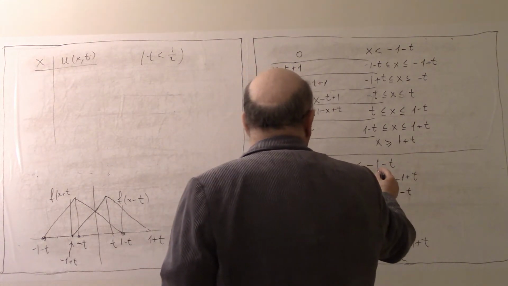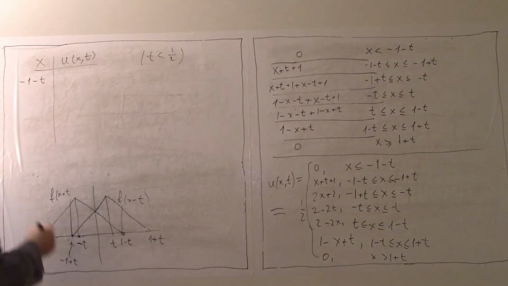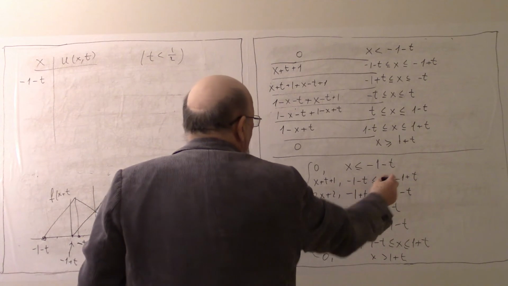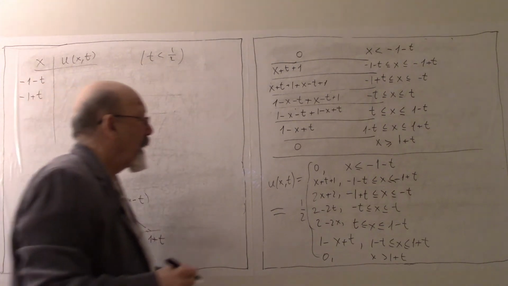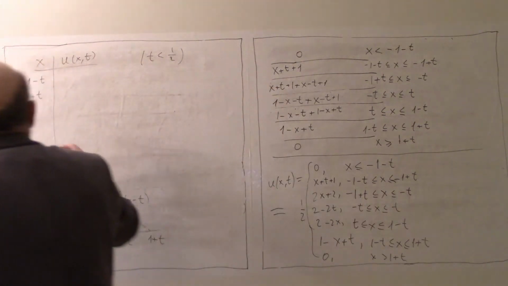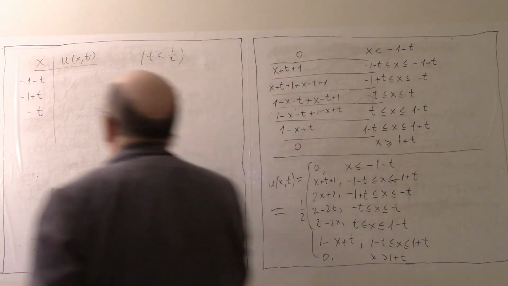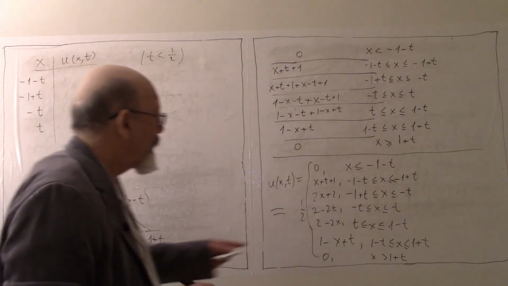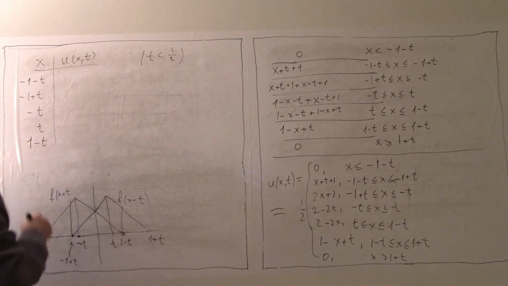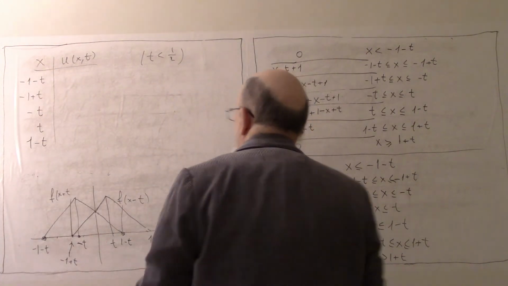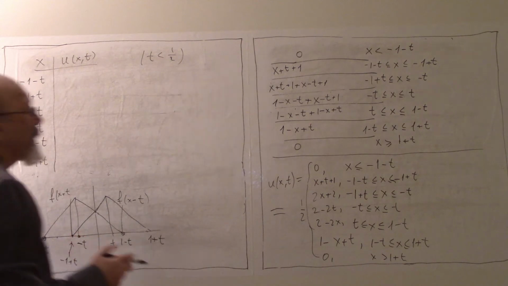So we have the characteristic points minus 1 minus t, minus 1 plus t, minus t, t, 1 minus t, 1 plus t. And let us see what we have.